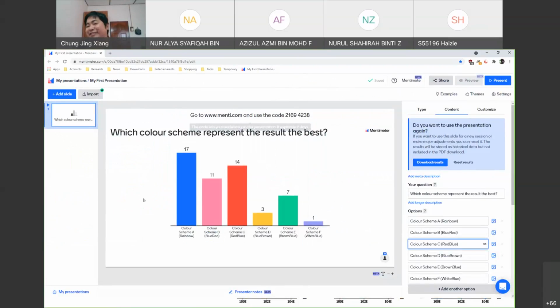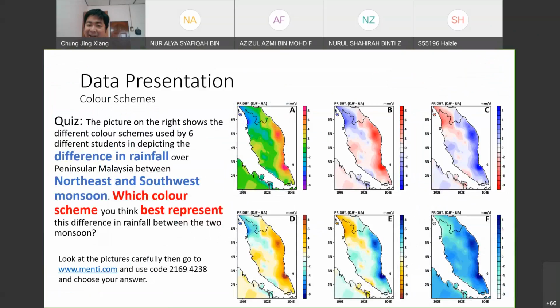You have chosen that rainbow is supposed to be the best color scheme to represent differences in precipitation, followed by this red and blue, then brown, then blue and red. Yeah. All right. So I bet most of you are not really artistic in mind, and probably you are not sensitive to color.